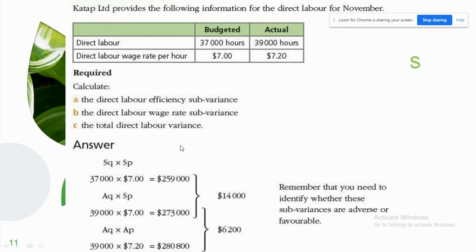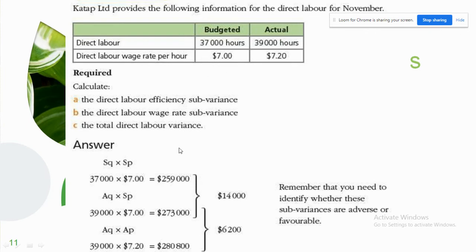Labor efficiency subvariance is SQ times SP minus AQ times SP. SQ is standard hours worked. SP is standard wage rate. So standard hours worked is 37 hours, standard wage rate is $7.